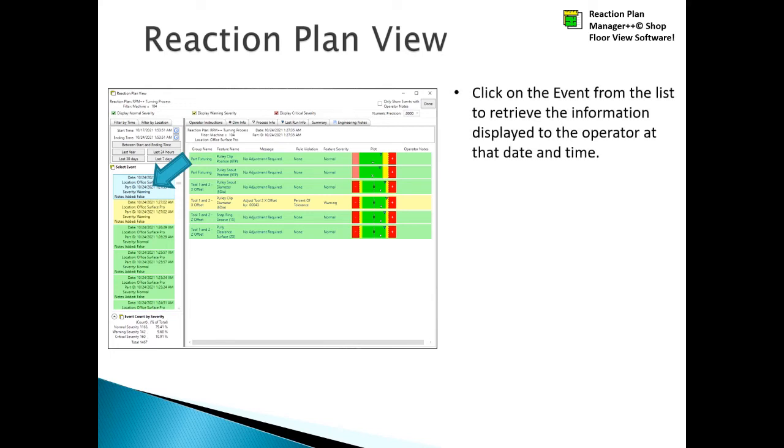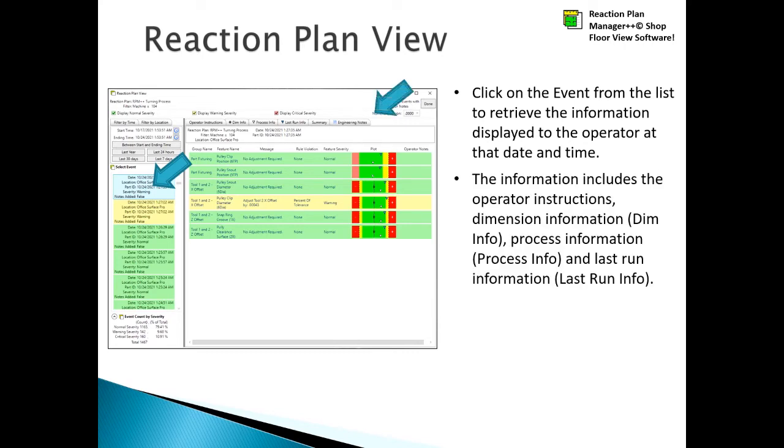Click on the event from the list to retrieve the information displayed to the operator at that date and time. The information includes operator instructions, dimension information, process information, and last run information. This is the information that would be displayed in Reaction Plan Manager.